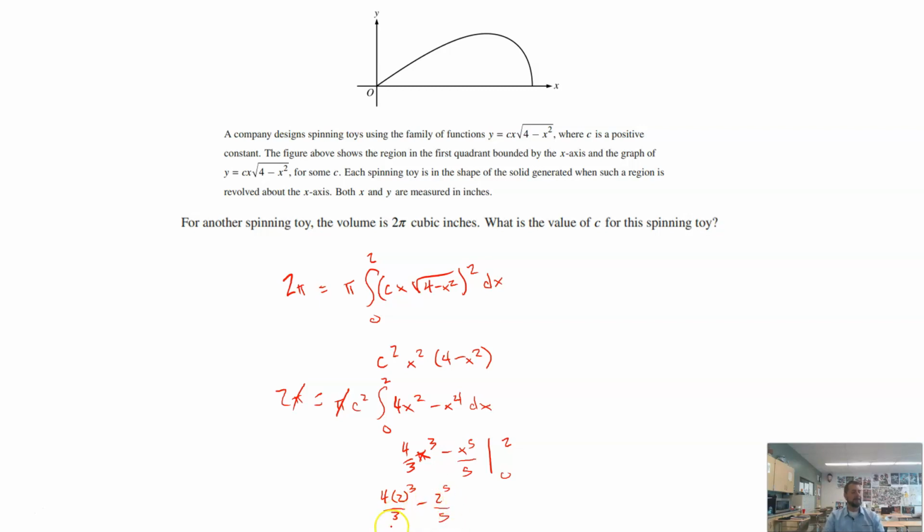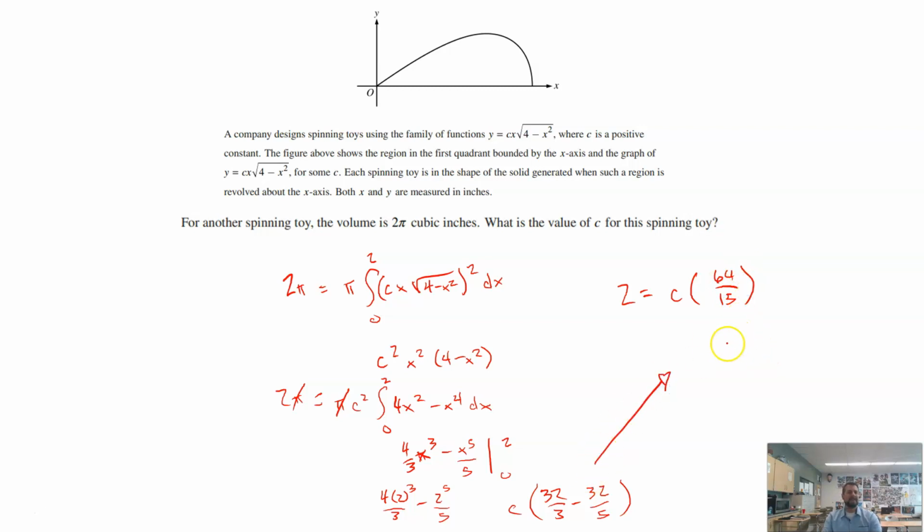Technically, it's kind of weird, but both of those are 32 on top, so I get 32 thirds minus 32 fifths. And all of that is multiplied by c squared. So what I really have is 2 is equal to c squared times 64 over 15, if you were to simplify that.